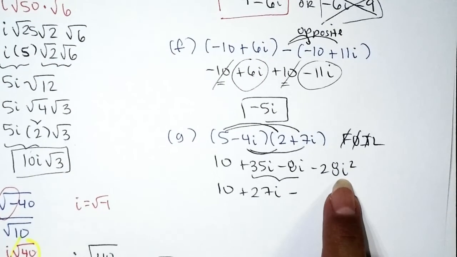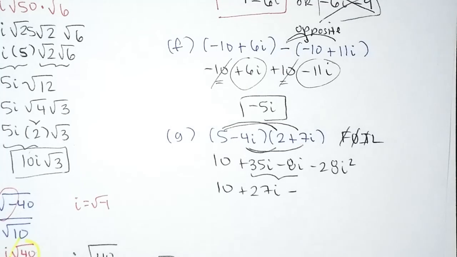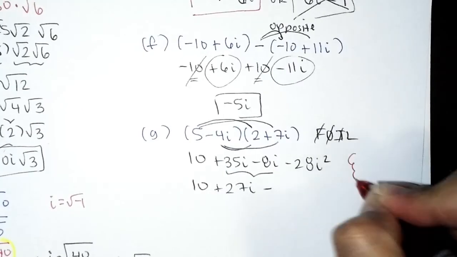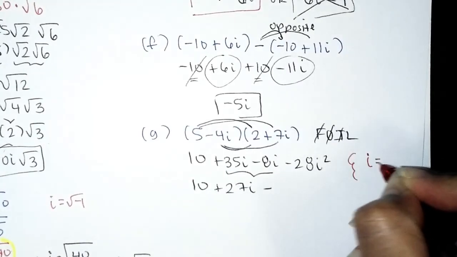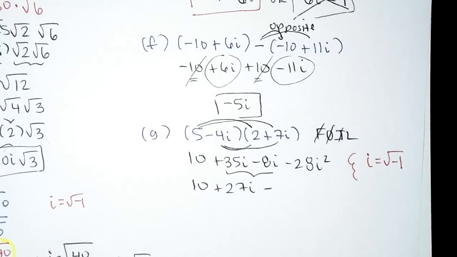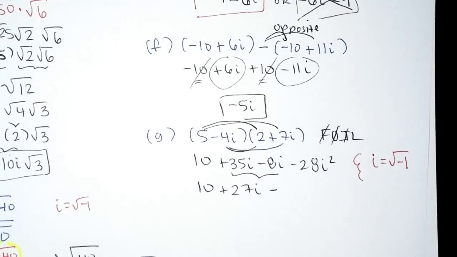If we are going to have a reference to i, I need to see a flat i. Not i squared, not i cubed, not i to the fourth, just i. So you have options. You can either memorize what i squared simplifies to, which I highly do not recommend. I would recommend that you build it up. The only thing I'm going to remember is the meaning of the imaginary unit. i, the imaginary unit, represents the square root of negative 1.